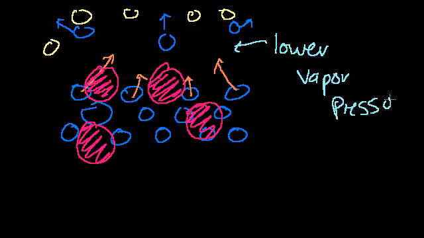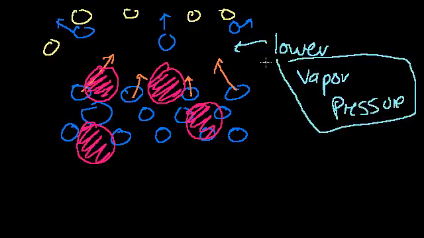And remember, your boiling point is when you have enough particles with enough kinetic energy out here to start pushing against the atmospheric pressure. When the vapor pressure is equal to the atmospheric pressure, you start boiling. But because of these guys, I have a lower vapor pressure, so I'm going to have to add even more kinetic energy, more heat to the system, in order to get enough vapor pressure up here to start pushing back the atmospheric pressure.